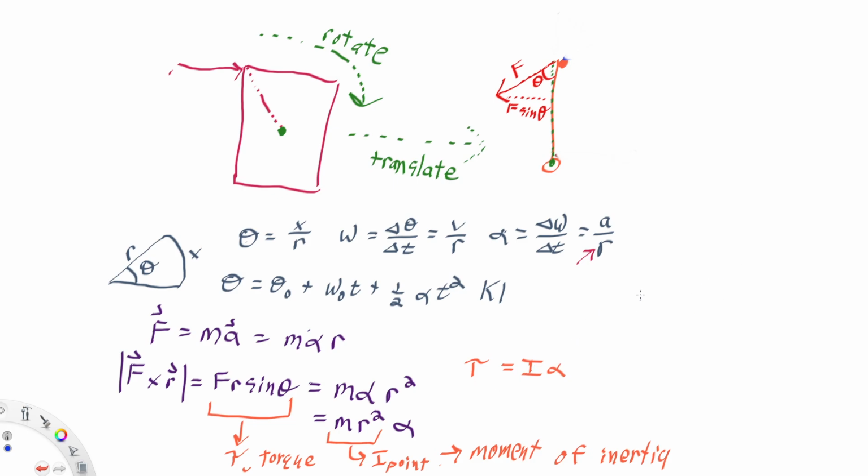Okay, so we have a new tool. It's not really a new tool, because this is really just Newton's second law, dressed up fancy. Our perspective in the linear coordinate system that we used in chapters 4 and 5 was that a force tends to cause an object to accelerate in the direction of the force.